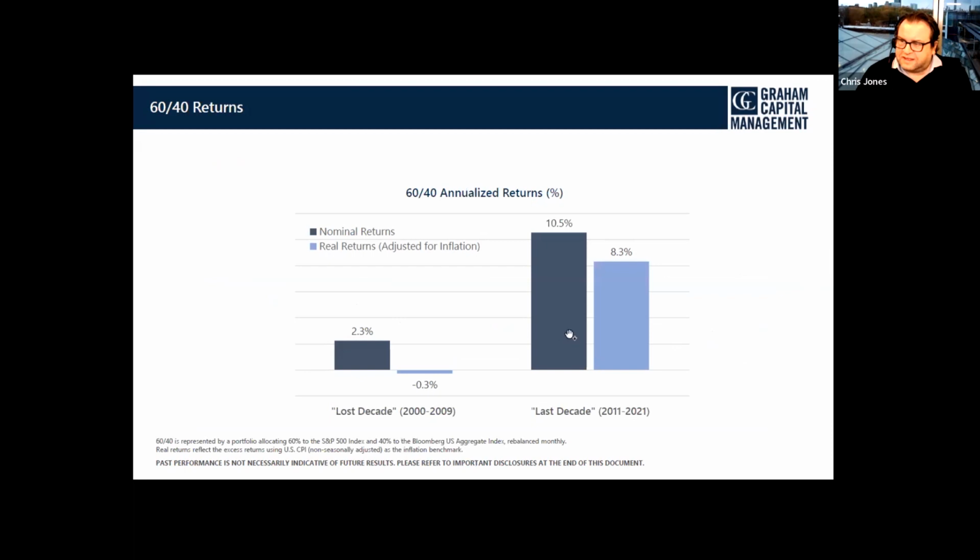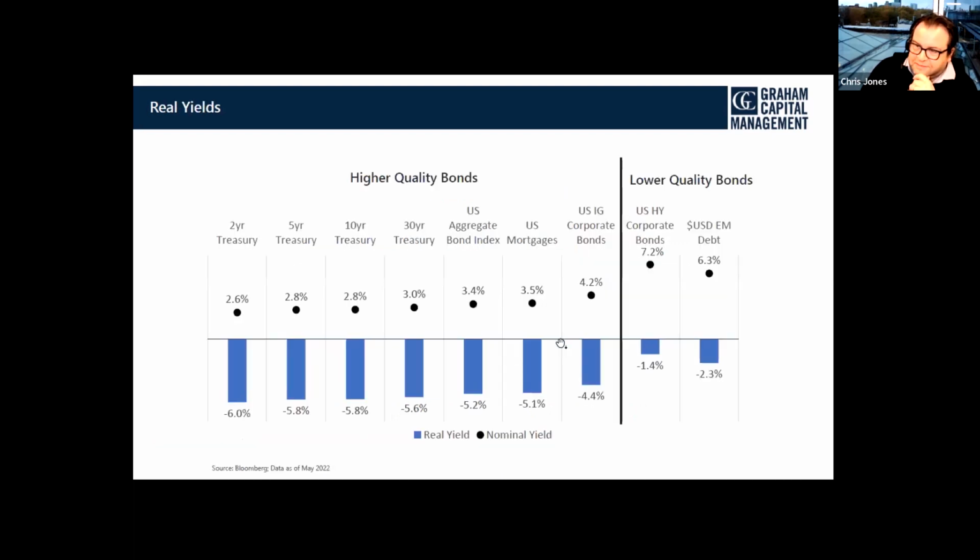Particularly over the last 10 years, you've seen these great both nominal and real returns from a 60-40 portfolio, and not such a bad set of nominal returns from what's called the lost decade of the noughties. But now we've got a situation that's really driving people to look beyond a 60-40 for their portfolio. We've got negative real yields across all government bonds now.